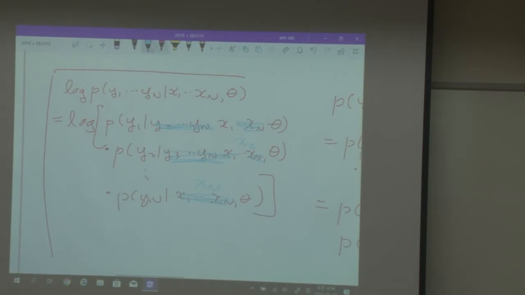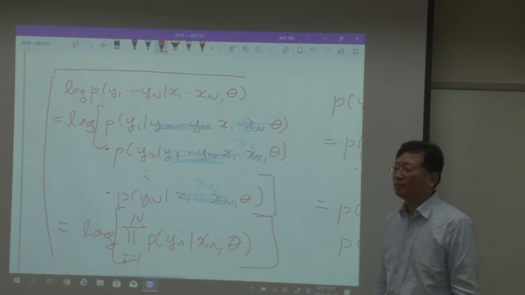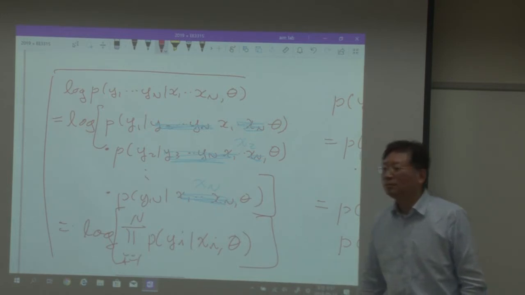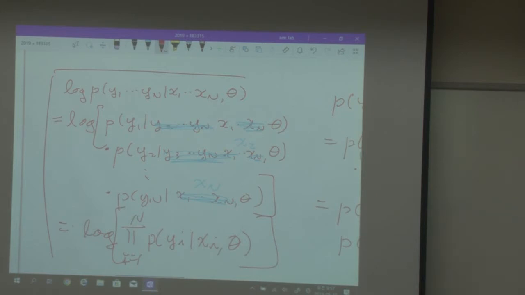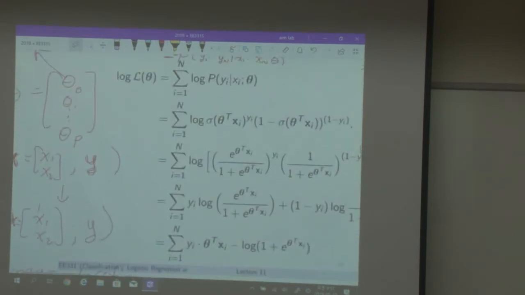So what we're left with is log of the product of p(yi given xi), then log, and so I got that.